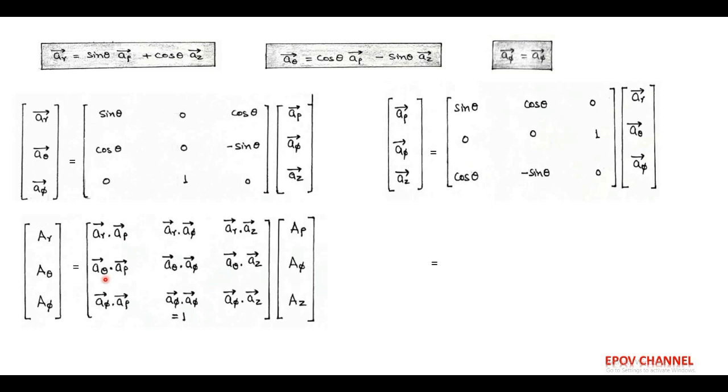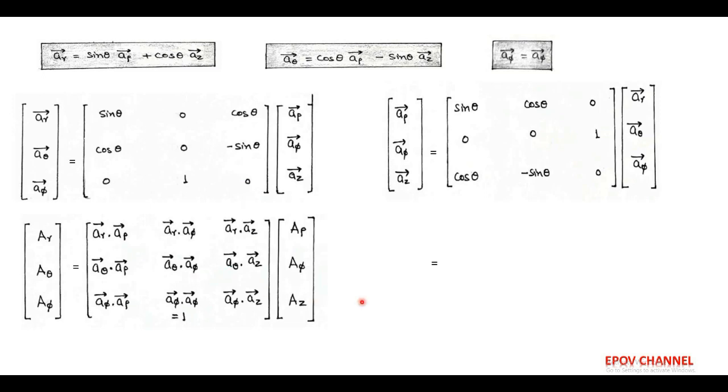And the values of these dot products in the first row are sin theta, 0, and cos theta respectively. Similarly, A theta dot A rho equals cos theta, A theta dot A phi equals 0, and A theta dot A z equals minus sin theta in the second row, and A phi dot A rho equals 0, A phi dot A phi equals 1, and A phi dot A z equals 0.